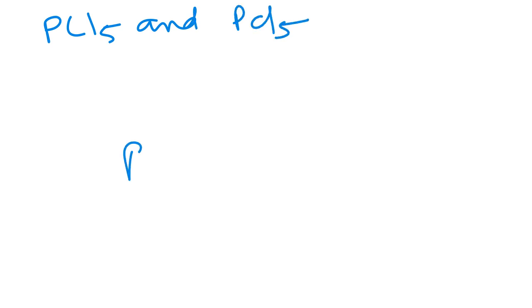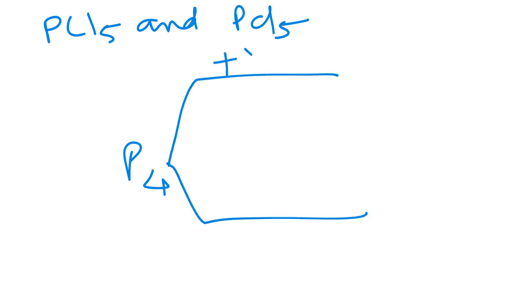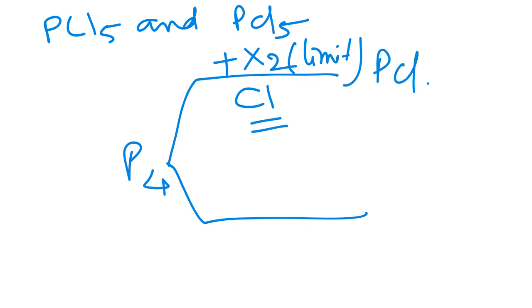Next is phosphorus trichloride and phosphorus pentachloride. So simple, it's for preparation. React it with X2, so Cl2, just react it in limited quantity, then you will get what? PCl3.